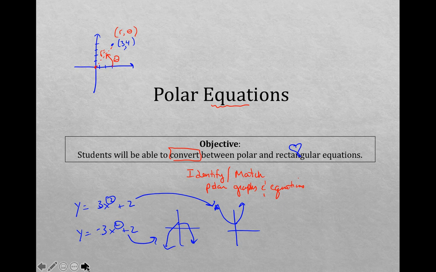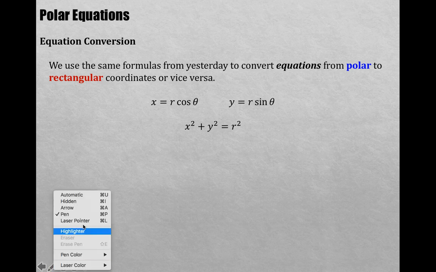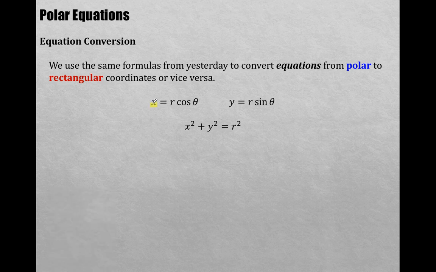So let's start by reminding ourselves of the formulas from yesterday. Just from my unit circle, x is the same as the radius times the cosine of theta. y is the same as the radius times sine of theta. And then r squared is just Pythagoras, or the radius would be the square root of x squared plus y squared.